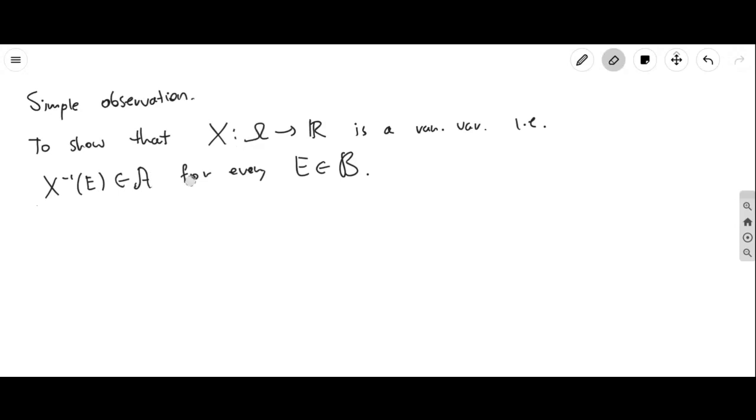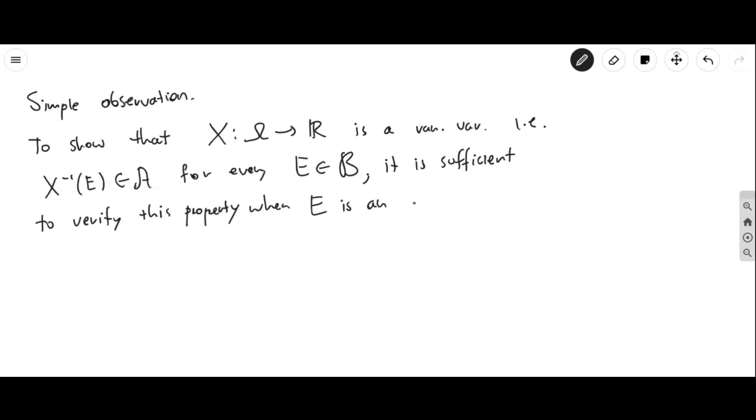And this is the sigma algebra on the sample space. So in order to verify this, it is sufficient to verify this property when E is an interval. So you can just assume that it's an interval. You do not have to assume that it's just an arbitrary Borel set. You can make it easier for yourself and just assume it's an interval.